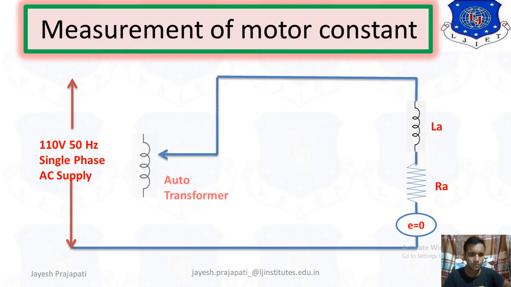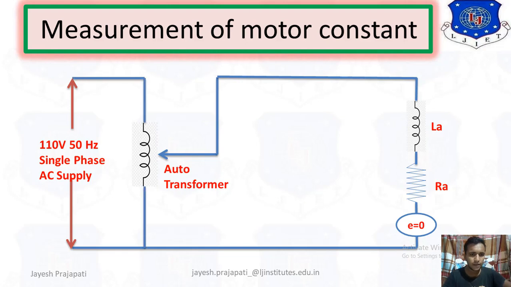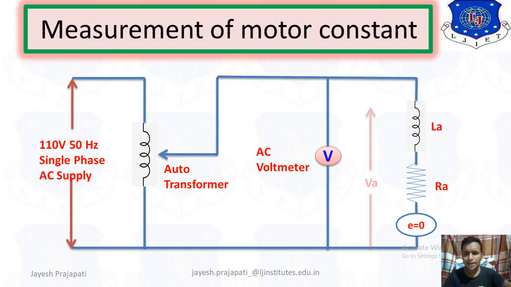We have to use an autotransformer, that is, a variac. This variac is connected to the single phase AC supply, so the motor armature circuit gets this variable AC voltage. Now we use a voltmeter that measures the voltage. So that is the experimental setup for measurement of armature inductance.